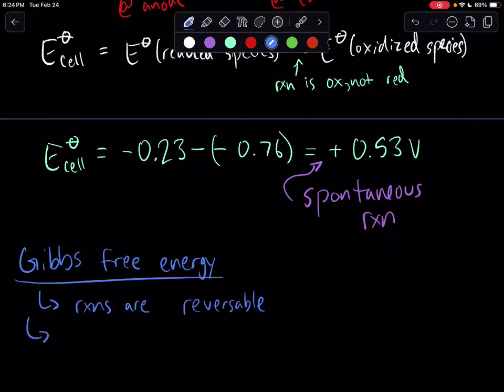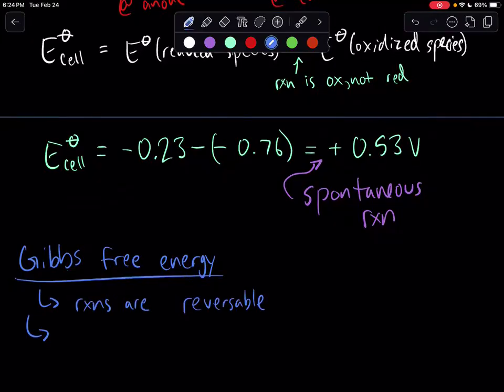So basically, all we're doing is taking a non-spontaneous reaction and forcing it to move by doing one thing or another. But basically, we know that we can now use Gibbs to determine spontaneous versus non-spontaneous.